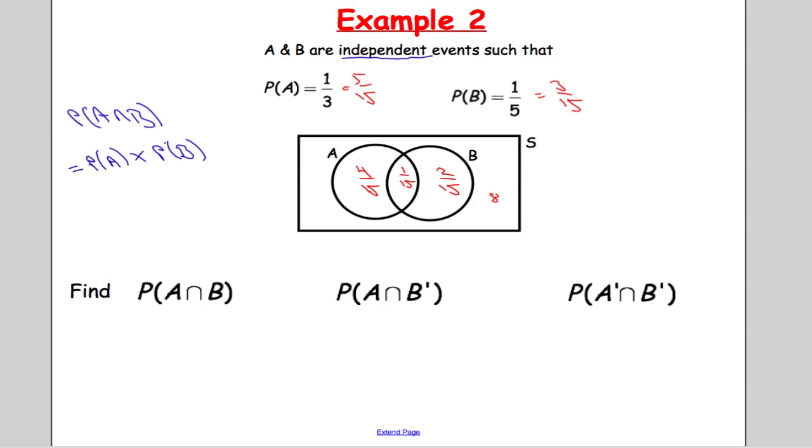That means that 8/15 must be on the outside. So let's work out our answers here. A intersection B is 1/15, this region here. A intersection B complement, so everything that's in A that's not in B, is going to be 4/15. And A complement intersection B complement, everything that's not in A or B, is 8/15.